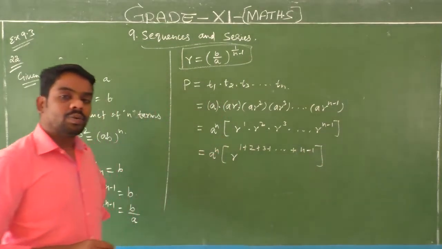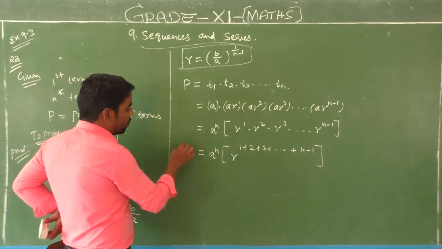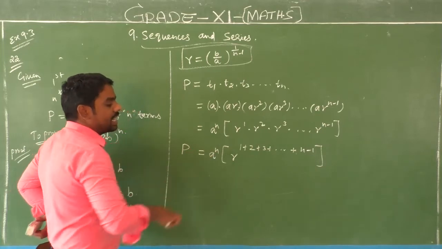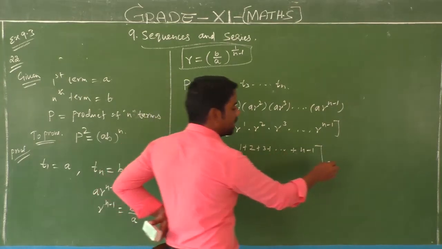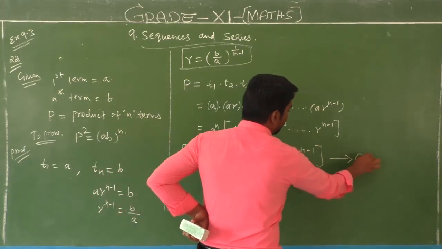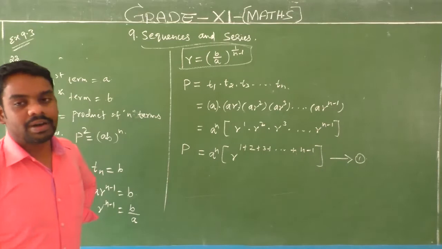So P is equal to A power n into r power 1 plus 2 plus 3 plus and so on up to n minus 1. This is equation number 1.